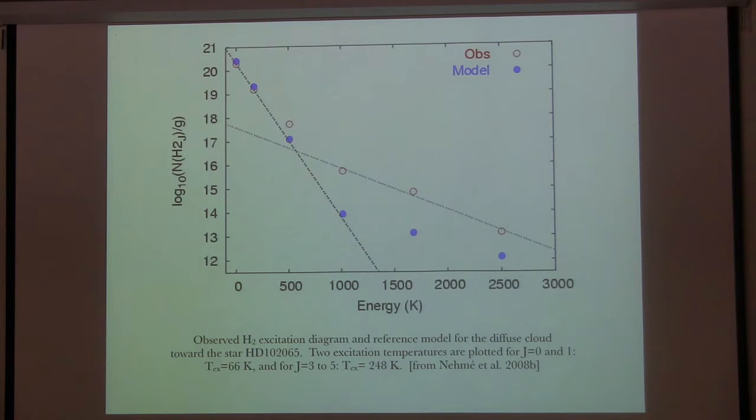And as a result, in fact, this kind of behavior can be explained by a slab of gas that's approximately isothermal, a single kinetic temperature. In this case, maybe 50 or 60 Kelvin.